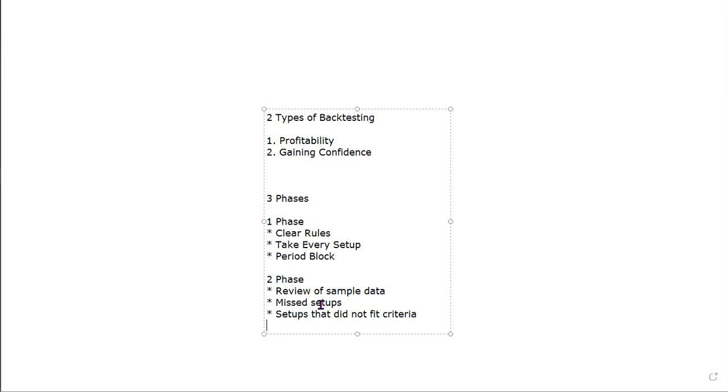So it's important to go back and look at setups that did not fit your rules. When you are reviewing your sample data, you keep going back and looking through it to understand what it is that you can grasp from this.